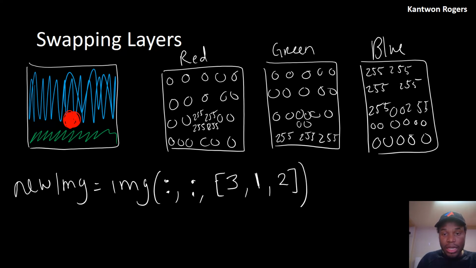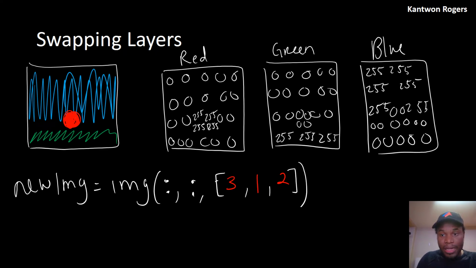So what am I doing here? I'm essentially swapping all of these layers around. Let's write these in red: 3, 1, 2.